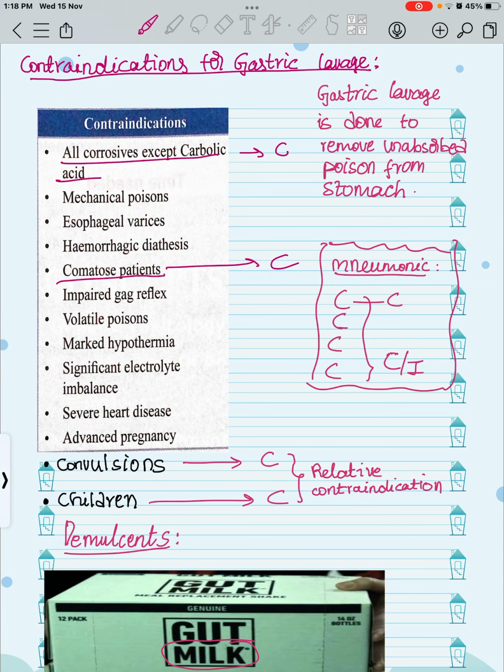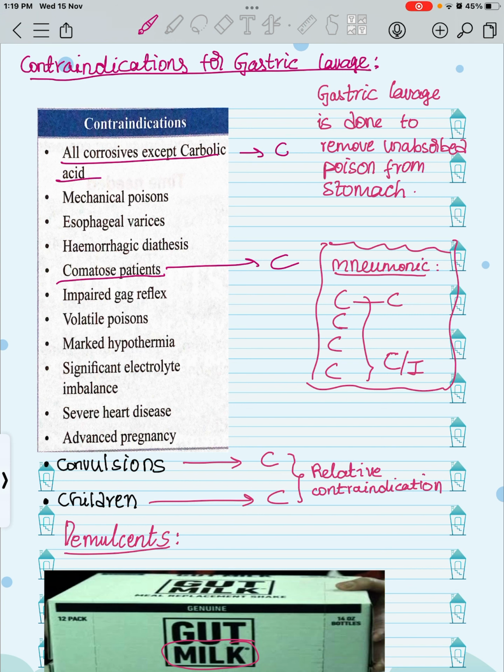Contraindications for gastric lavage. Gastric lavage is contraindicated for certain poisons. These are the contraindications of gastric lavage. All corrosives except carbolic acid are contraindicated. That means except carbolic acid, for none of the corrosive poisons should we perform gastric lavage.